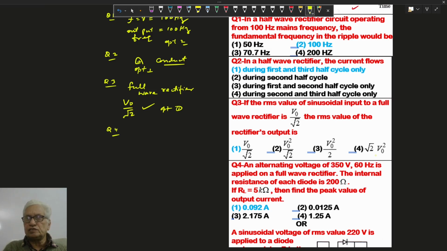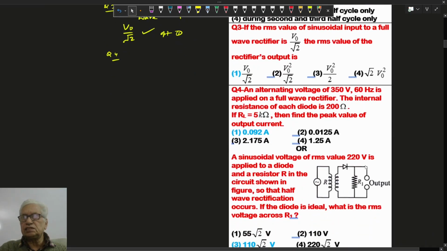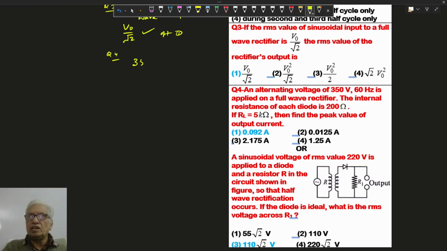Now question 4. An alternating voltage of 350 volt and 60 hertz is applied to a full wave rectifier. The 350 is the peak value, and the frequency is 60 hertz.